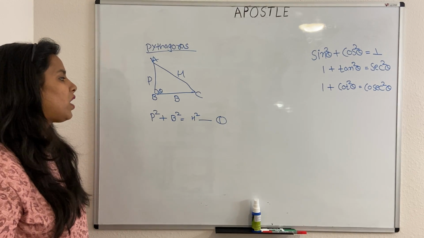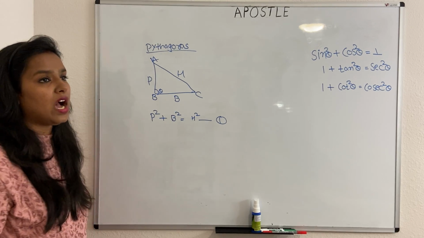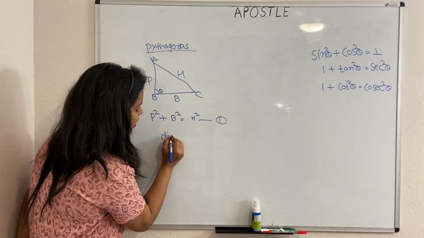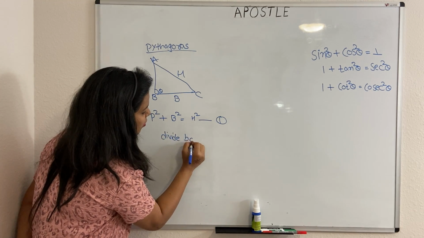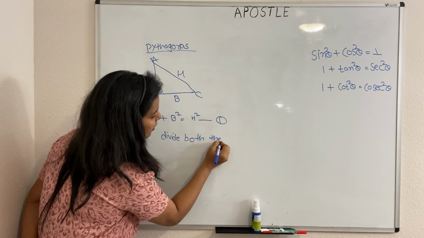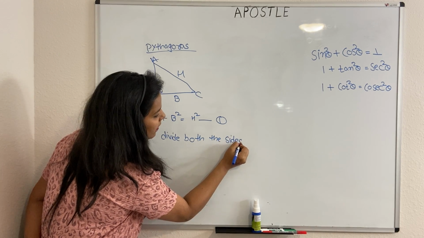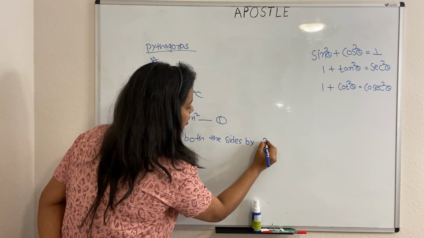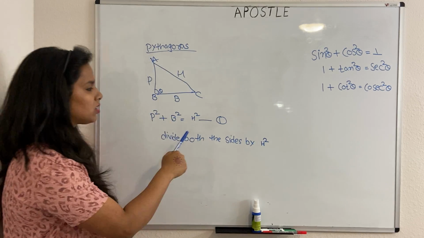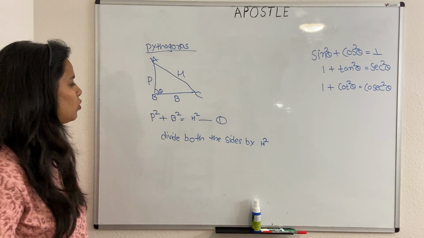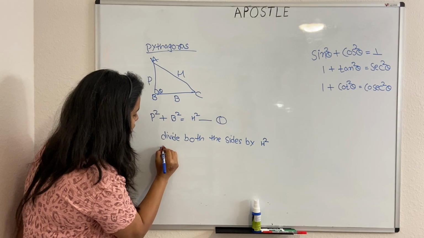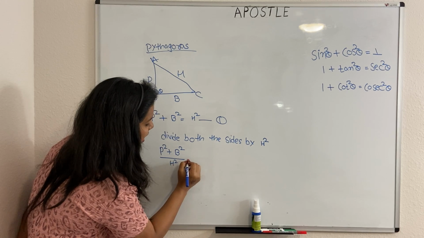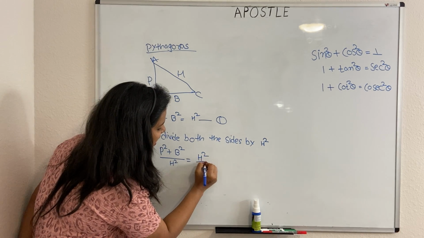Now we are going to divide equation number 1 by hypotenuse square on both sides. So p square plus b square divided by h square, and h square divided by h square.